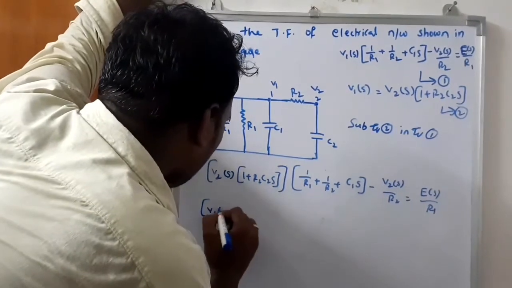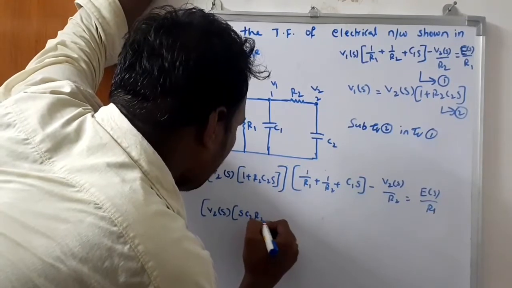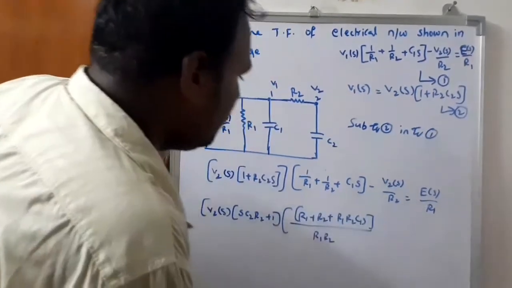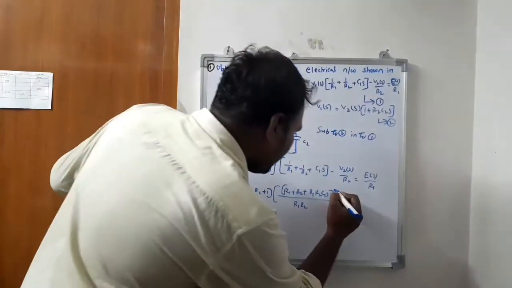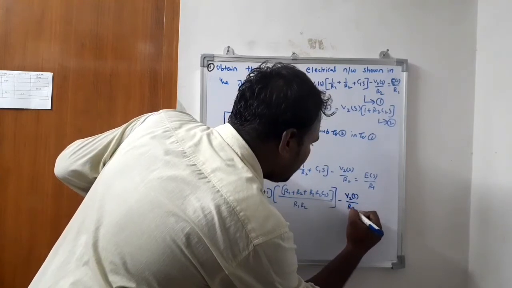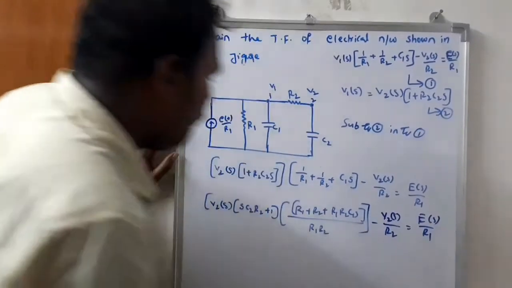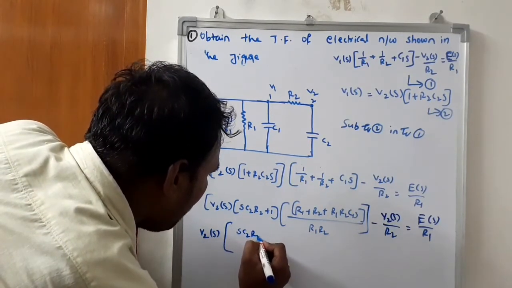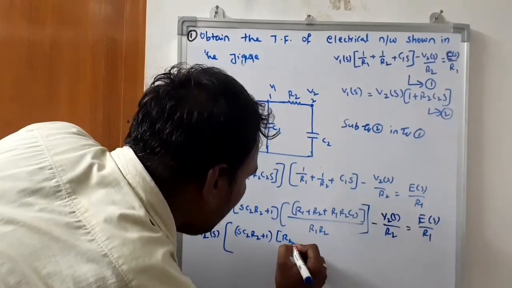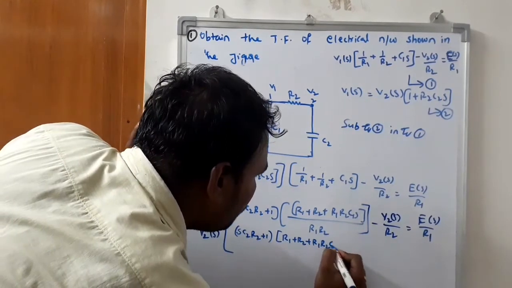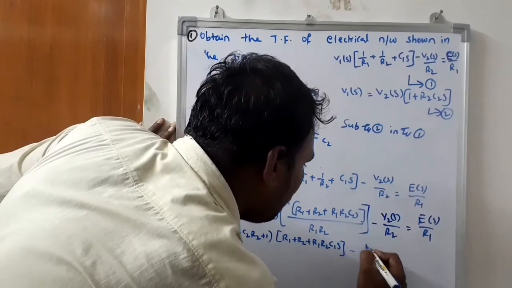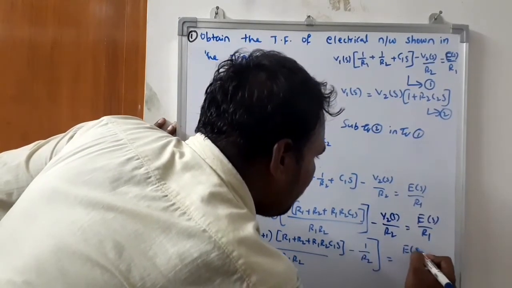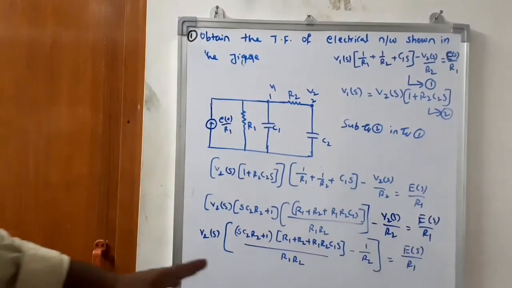V2(s) into (sC2R2 + 1) into, here the LCM is R1R2, (R1 + R2 + R1R2C1s) minus 1/R2, whole divided by R1R2, is equal to E(s)/R1. This is the expression we got up to here.